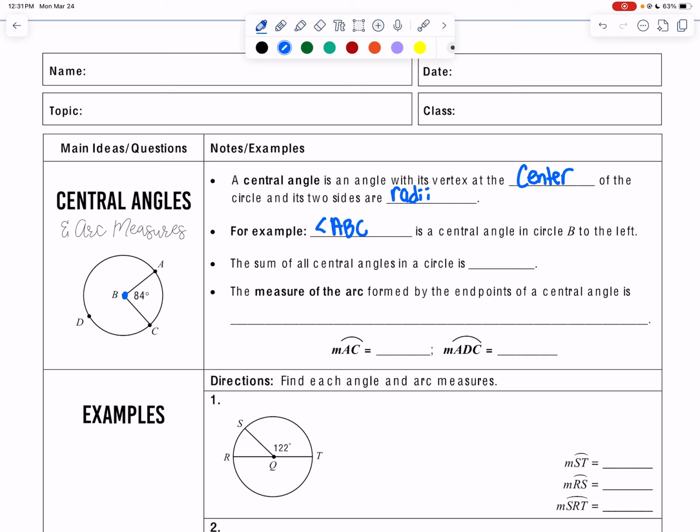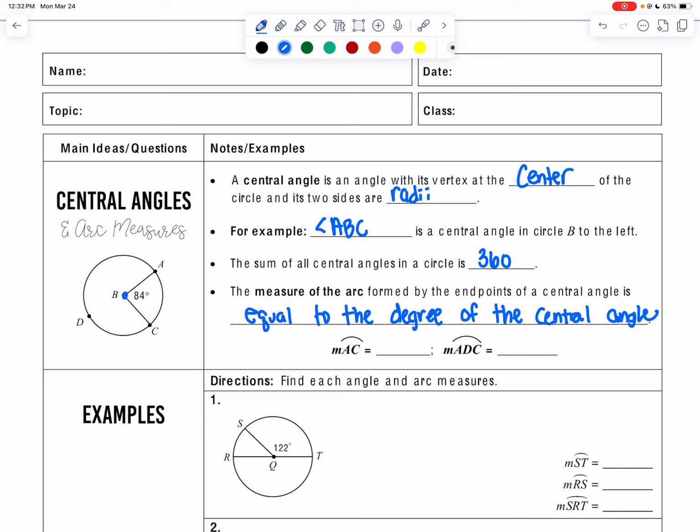The sum of all central angles in a circle is going to be 360 degrees, which should make sense because there are 360 degrees in a circle. The measure of the arc formed by the endpoints of a central angle is going to be equal to the degree of the central angle.